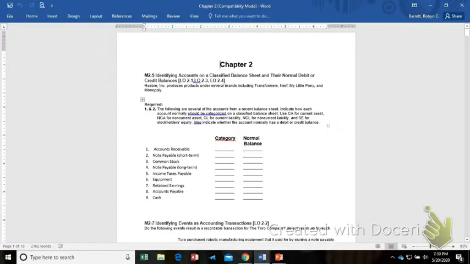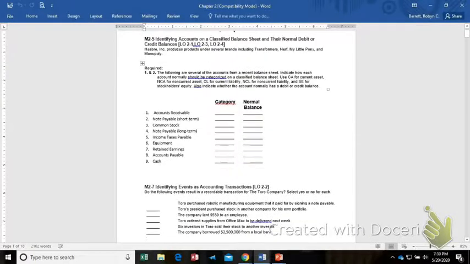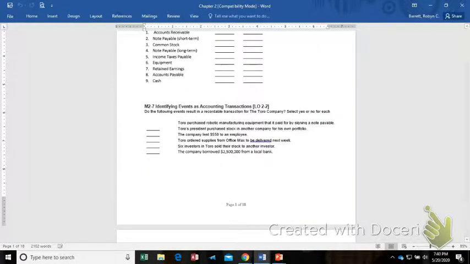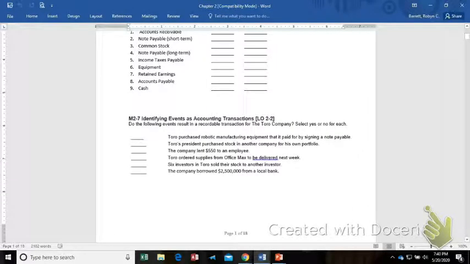We'll come back to 2-5. Let's go to 2-7. And we're just going to say whether or not this was a transaction or not. Do we consider this a transaction? So we got 6 questions.